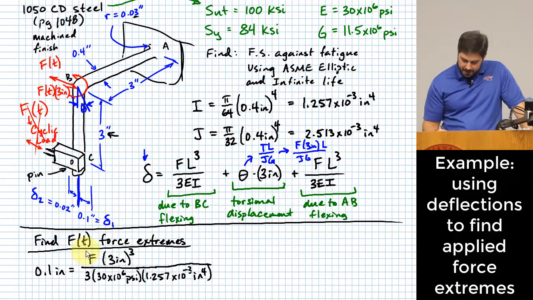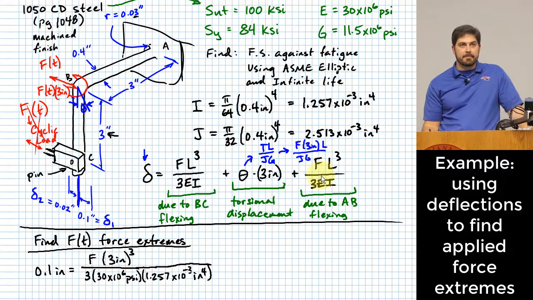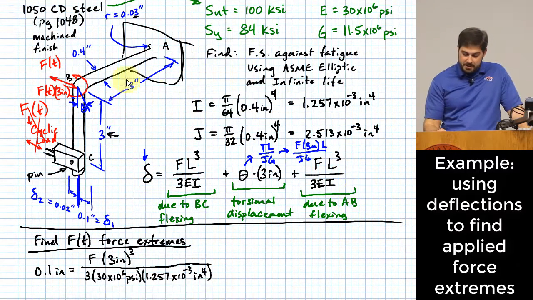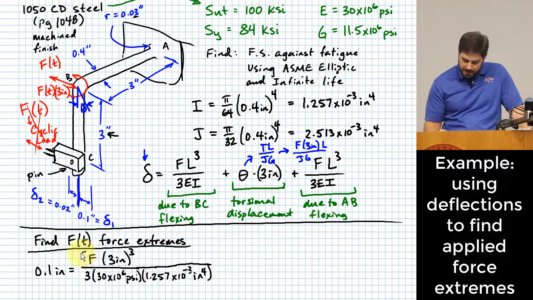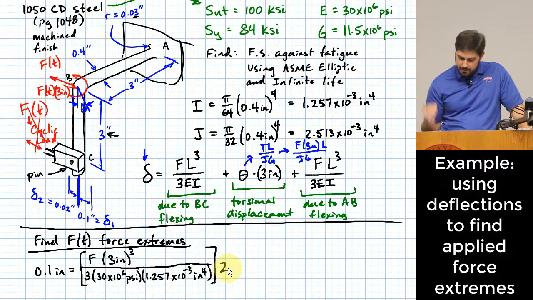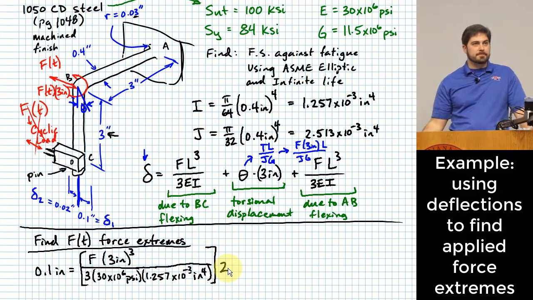Now here's what's interesting. Is there going to be anything different in this other term for the flexure between A and B? There isn't, but only because these two lengths have the same value. So don't do this if those two lengths have different values from one another, because it'll change this L. But since we have the same value, I can deal with that other length just by multiplying this by 2.